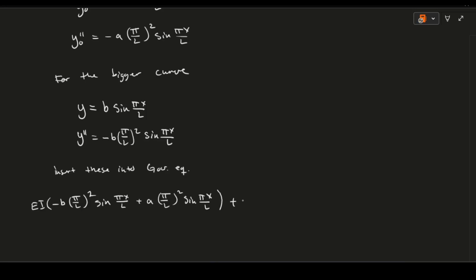Plus P times y, which is just b sine pi x over L. This is 0.